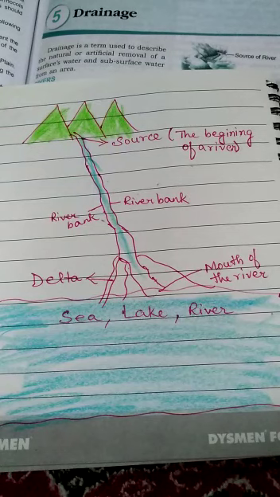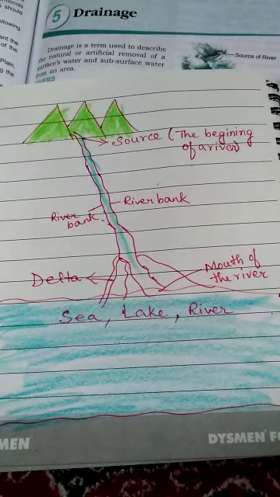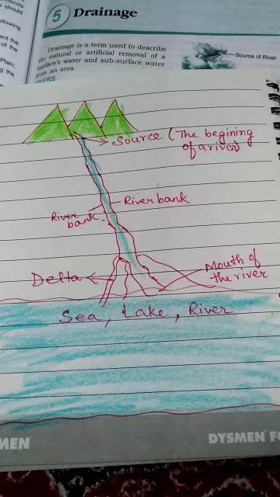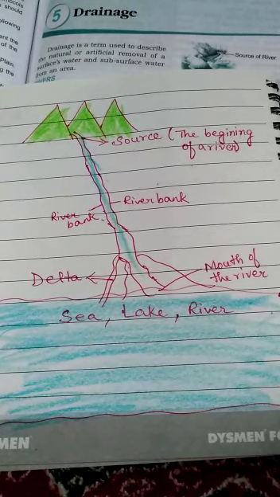After flowing through different areas, terrains and topography, when it reaches the sea or a lake or another river, the area where it ends is known as the mouth of the river. In some areas, there are different flowing ways where it goes, and that part is known as the delta. I hope it is clear to you.